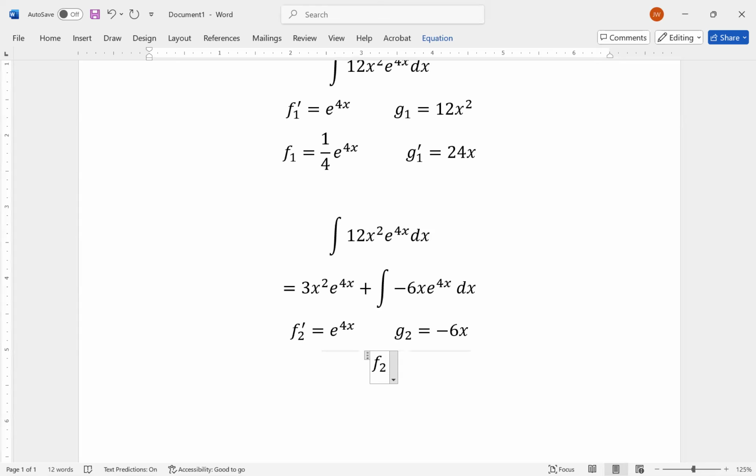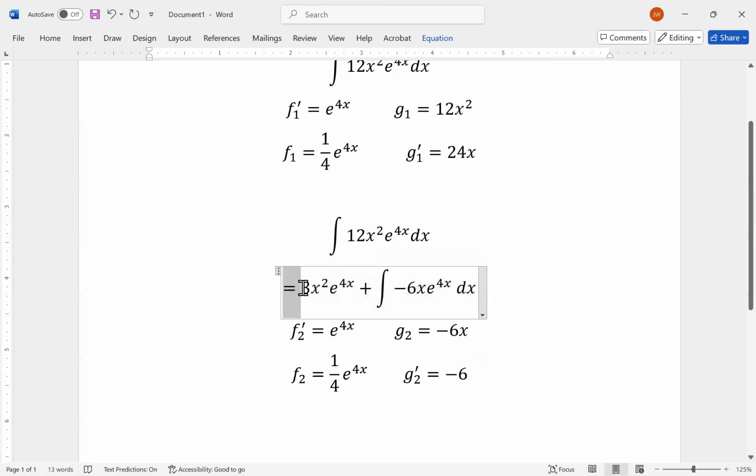When I integrate to get my f2, my second f, we're going to get 1/4 e to the 4x. And then when I take a derivative of g2, I just get a negative 6.